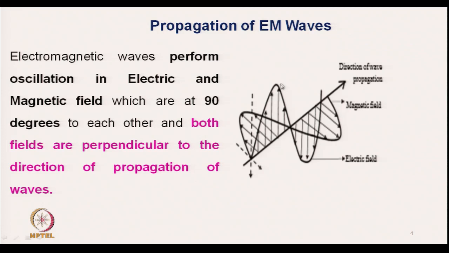These two fields are perpendicular to the direction of propagation. Electromagnetic waves perform oscillation in the electric and magnetic fields, which are at 90 degrees to each other, and both are perpendicular to the direction of propagation of the waves. You can see the magnetic field making a 90 degree angle, and the electric field also making a 90 degree angle.